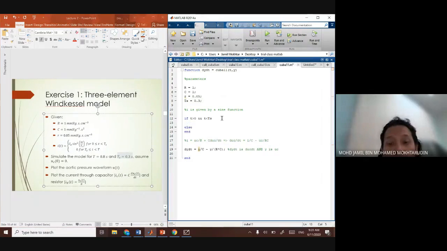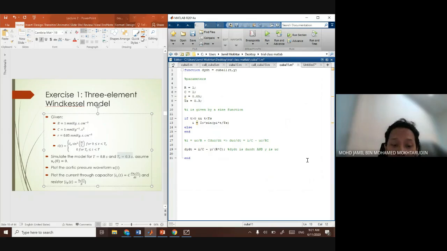So when time is bigger than 0 and less than TS, so I equals I naught times sine pi times T over TS, squared, okay?